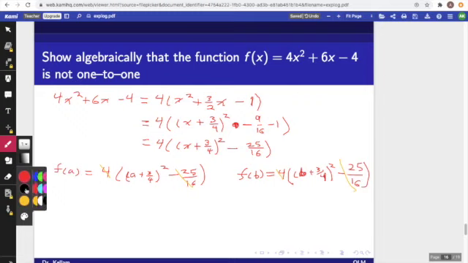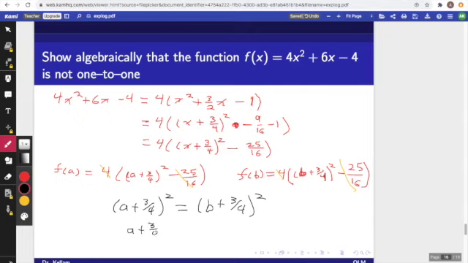Meaning, what we have left here is (a plus 3/4) squared equals (b plus 3/4) squared. And here we would take the square root of both sides, and that would be a plus 3/4 equals plus or minus (b plus 3/4).